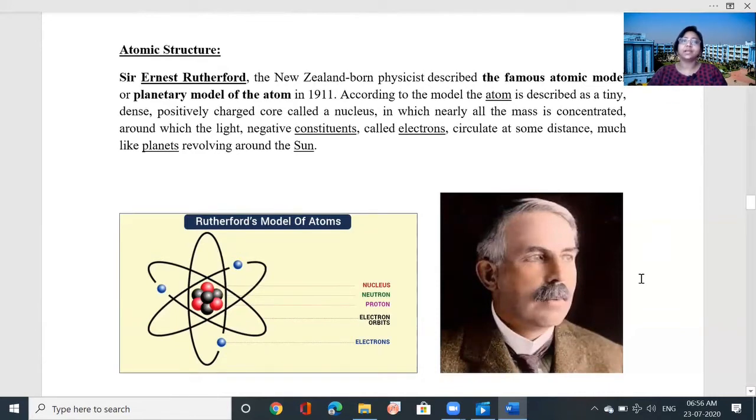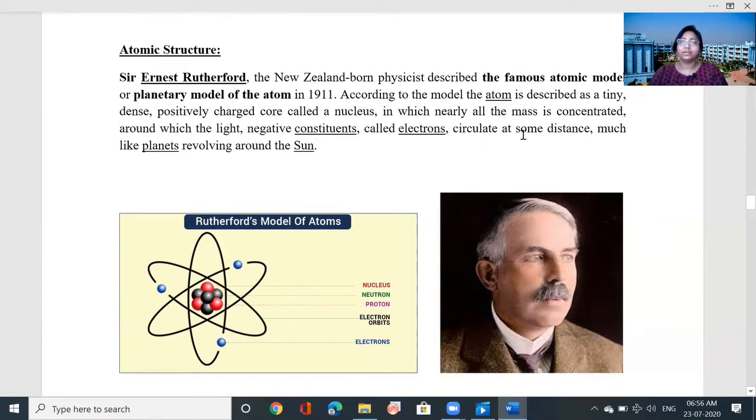There is a great history. First, Sir Ernest Rutherford, the New Zealand-born physicist, described the famous atomic model, or planetary model, of the atom in 1911.